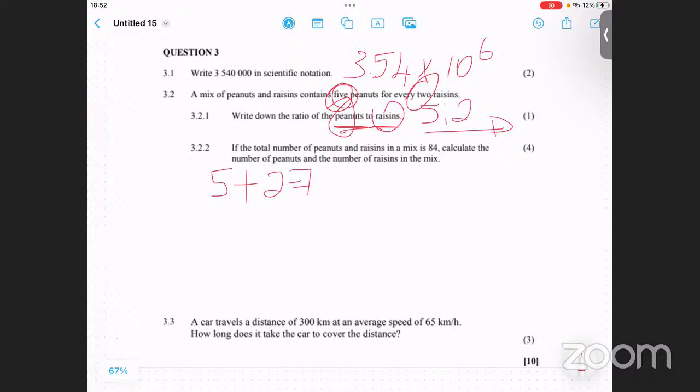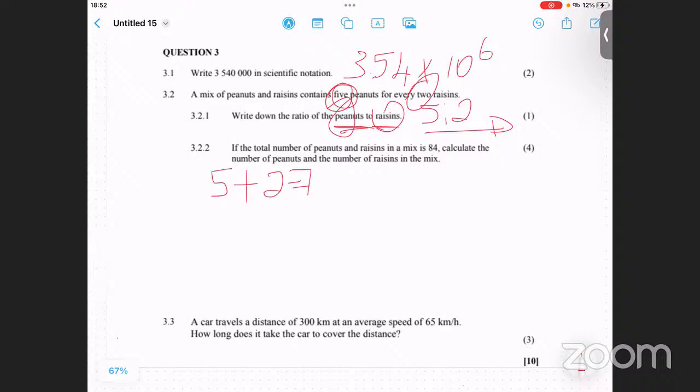I'm not sure, but I took the 5 from the equation that was given above us and divided it by 84, and then I was going to do the same with 2. Okay, cool. If we have a bag and it contains 5 peanuts and 2 raisins.